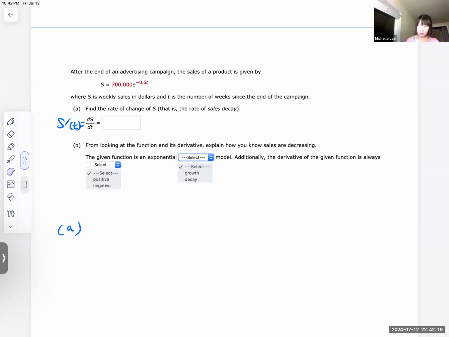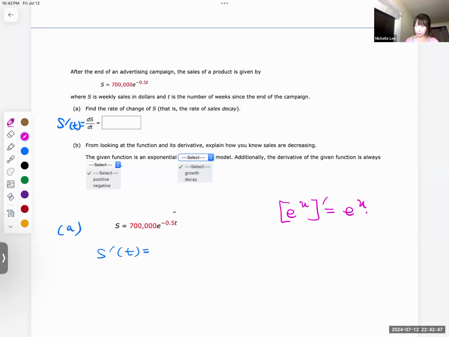Let me copy this one. So once again, e to the u has derivative e to the u times the chain rule, u prime over t. In that case, just u prime, right?